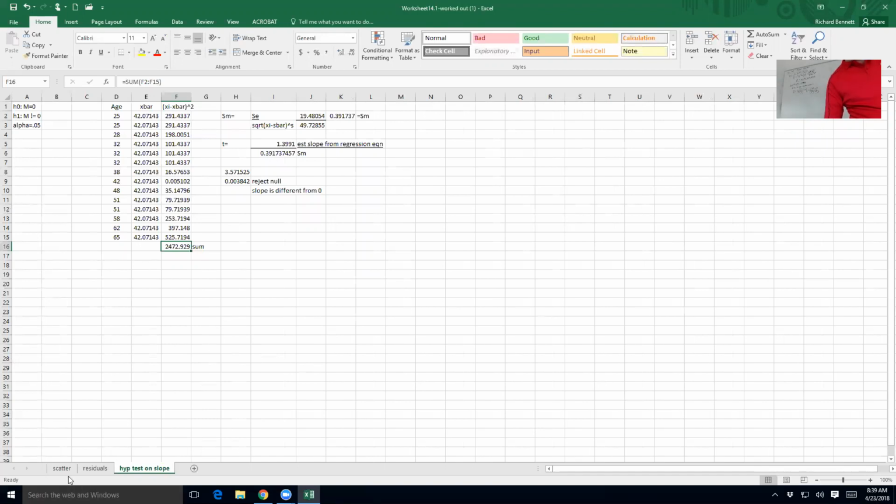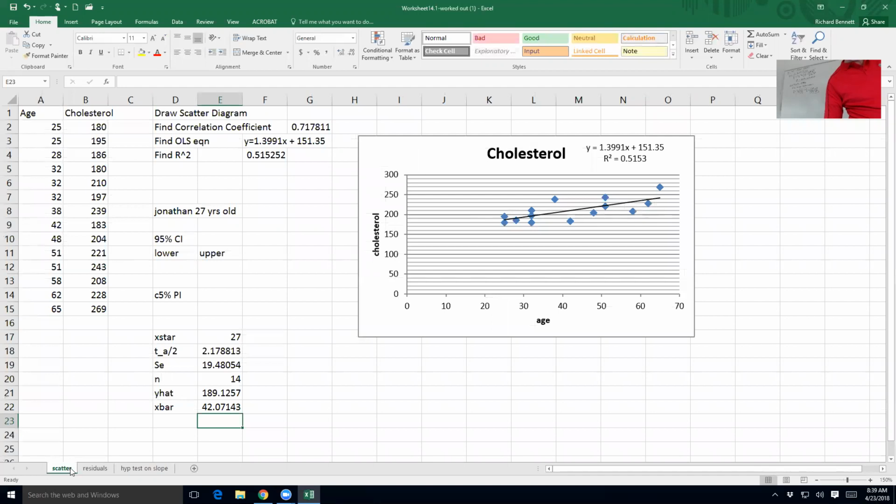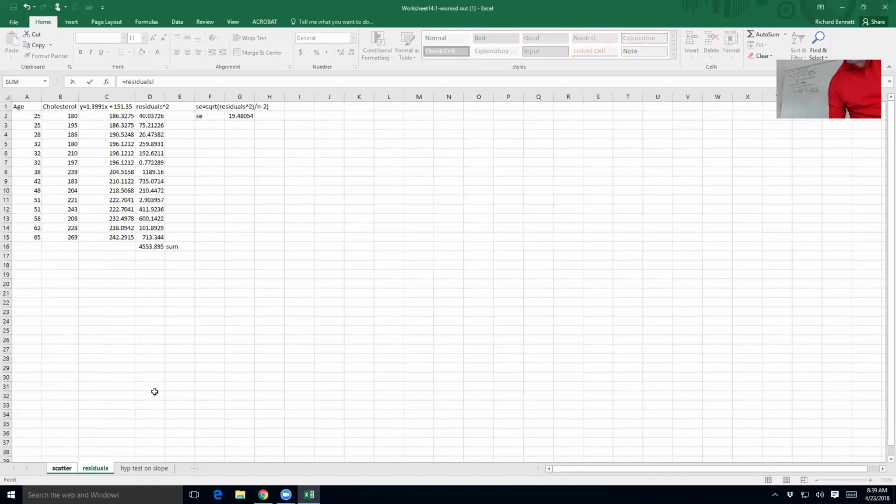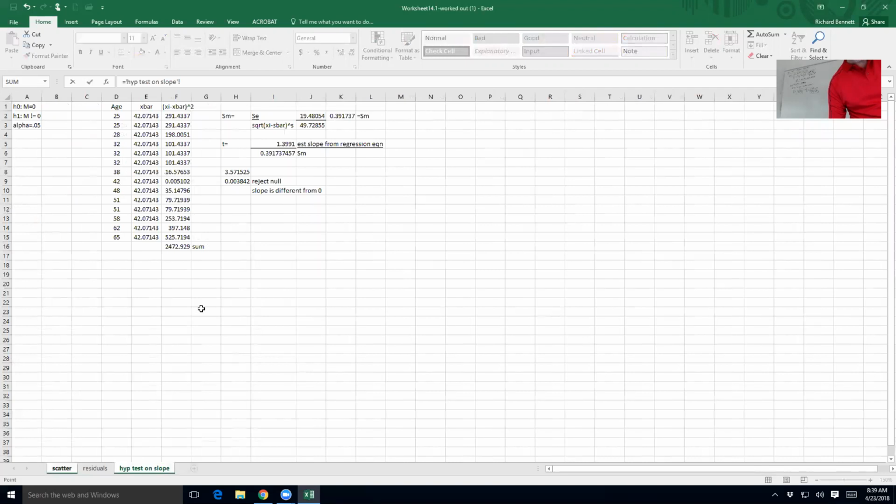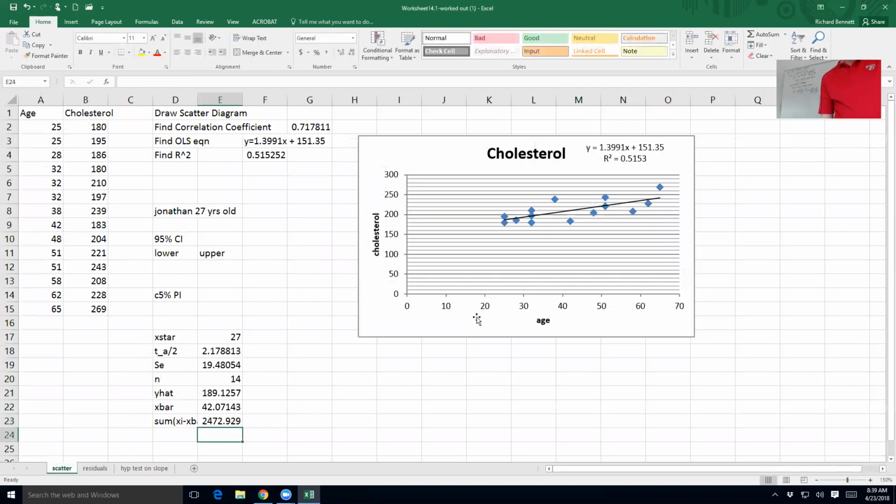So the sum of xi minus x bar, squared, is this value right here. It's on the hypothesis test for slope. That's a big number. Yep, that's correct. All right, so now I can start plugging everything in. I've got everything I need.